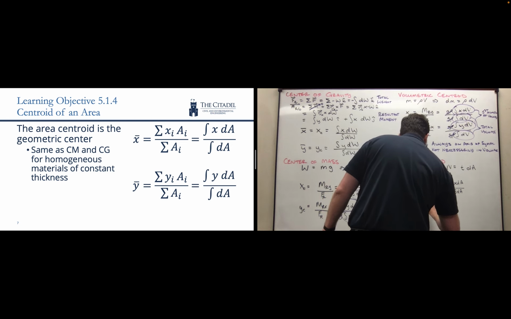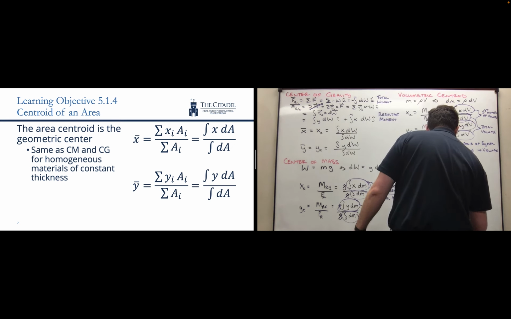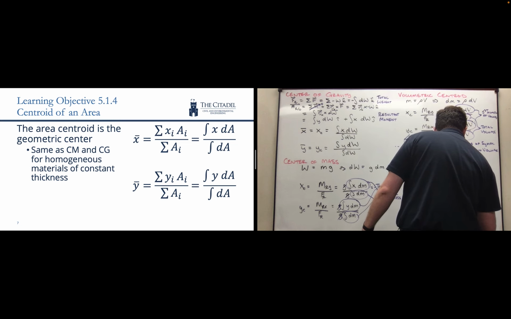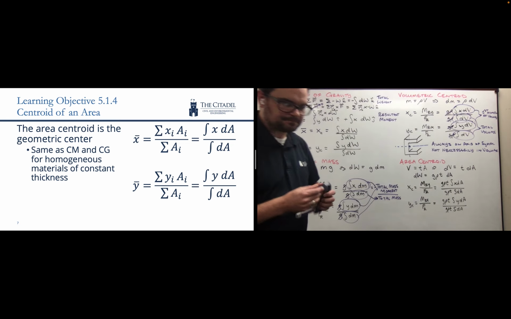Yc is equal to the resultant moment about the x-axis divided by the resultant force, g and rho and t, integral y dA, and g and rho and t, integral of the differential area.